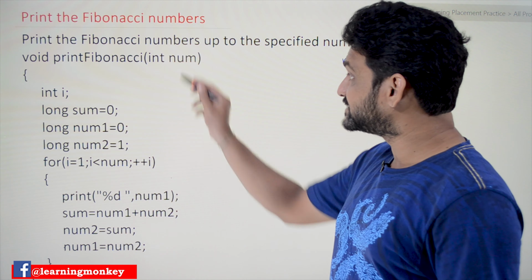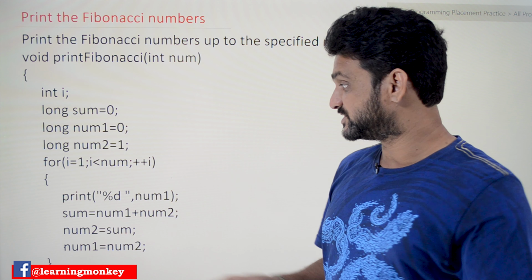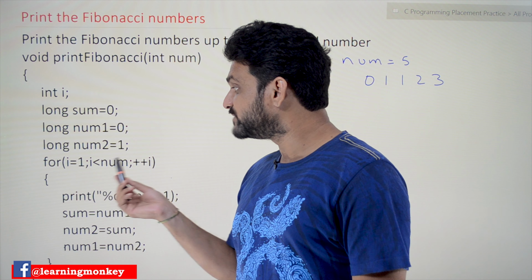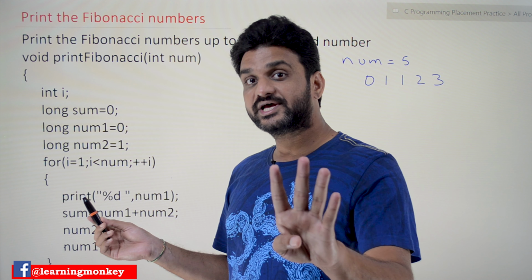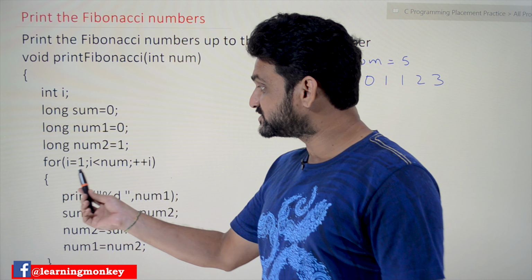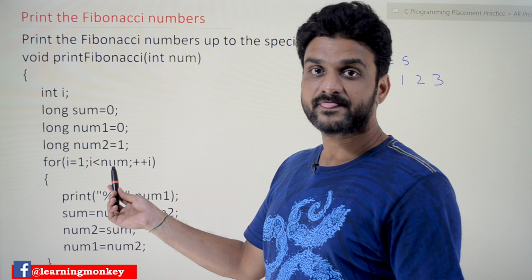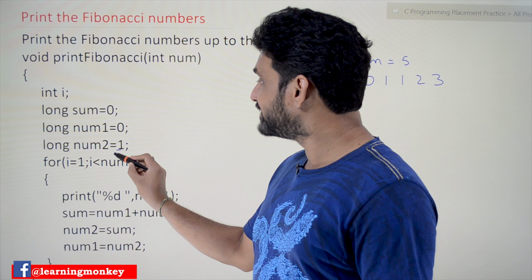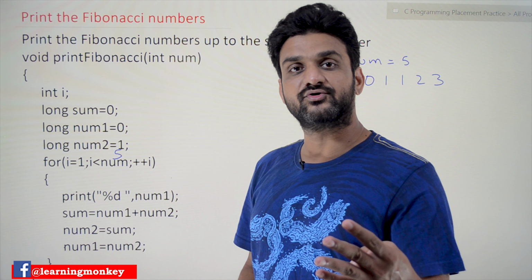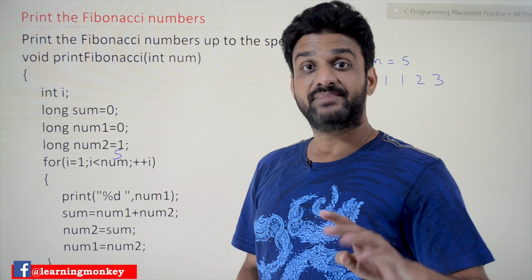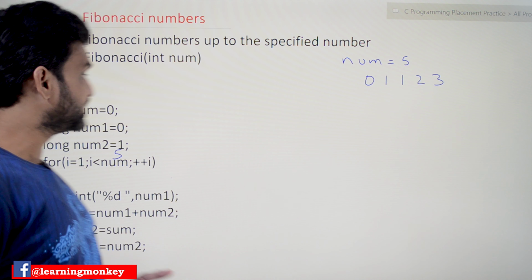In our case, as num is equal to 5, it has to iterate num number of times, but it is not iterating that many times. It is 1 less than the value. 4 times it is iterating in this case, because it is starting from 1 and it is less than num. Less than 5, starting from 1, it is 1, 2, 3, 4. There it will stop, but it has to iterate for the 5th time also.